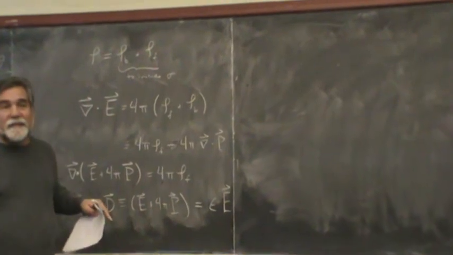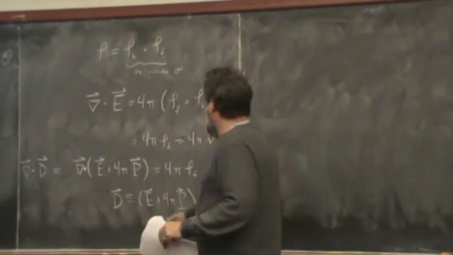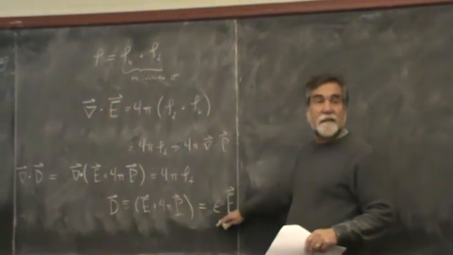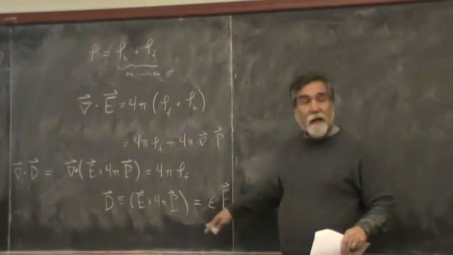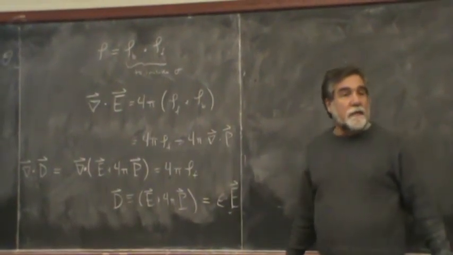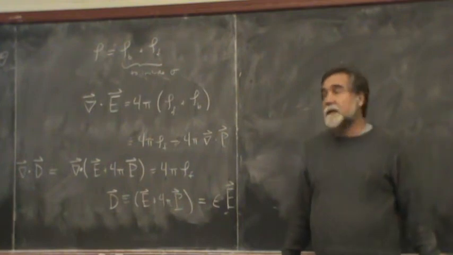The D field is an idea. But it then is equal to this epsilon times the electric field. Epsilon in this context is called the dielectric constant or the dielectric function, right?